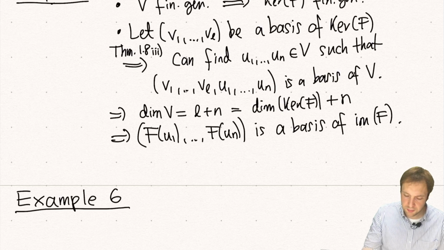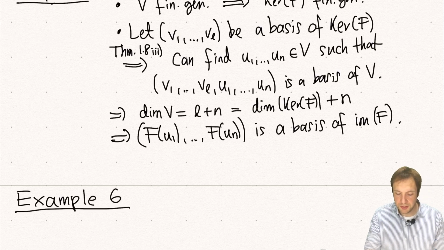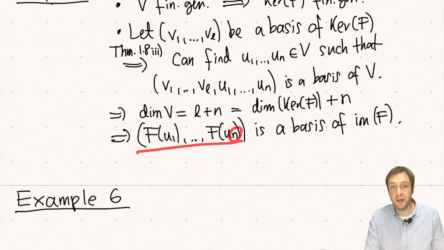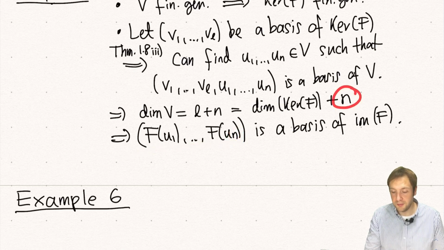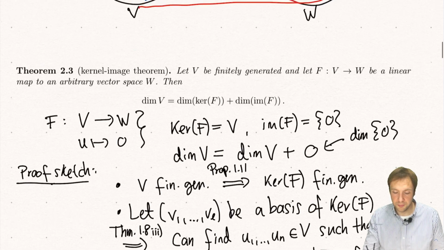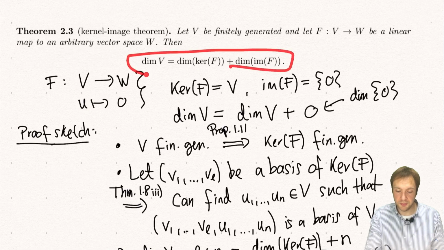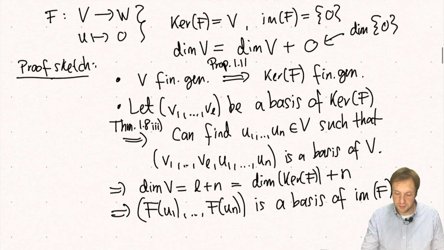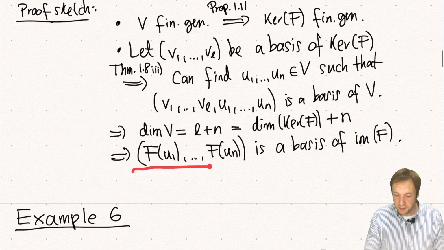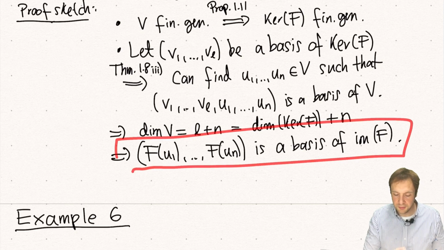And then we are done, because then we have a basis of the image with n elements, which means that this n is actually the dimension of the image, which gives us the theorem. And how to do this you can see in the lecture notes.